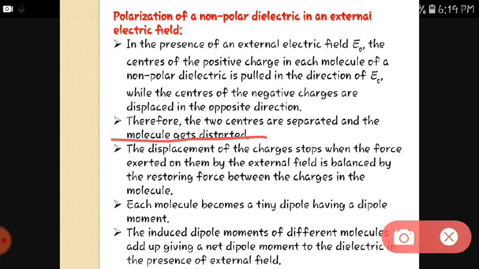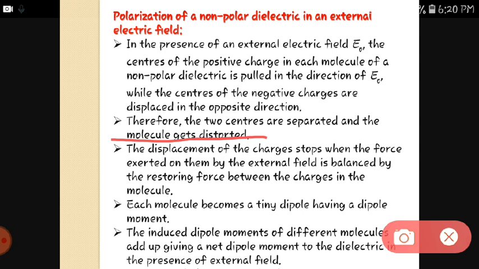The displacement of charges stops. When can it be stopped? When the external force applied to the non-polar molecule is balanced by the restoring force between the oppositely charged electrons. Again I will explain. When we consider an atom, it is neutral. Why do we say it is neutral?